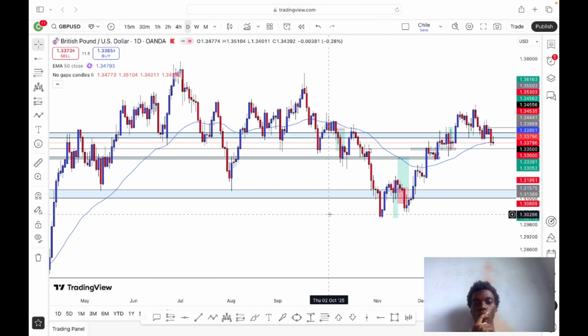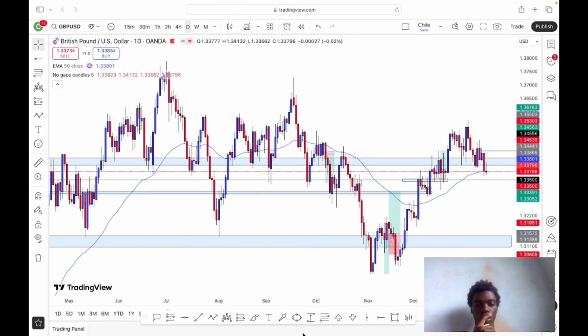Okay, so if we go on the daily time frame, I just start from here. Price was moving down, as you can see where I'm putting these points. It was moving down.